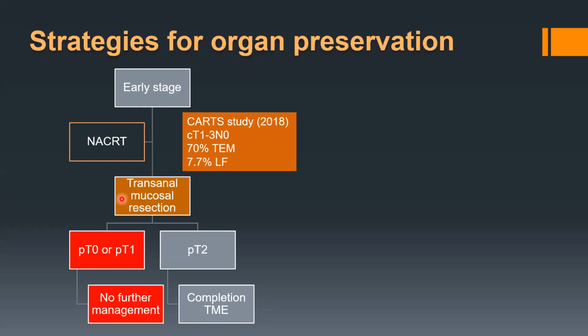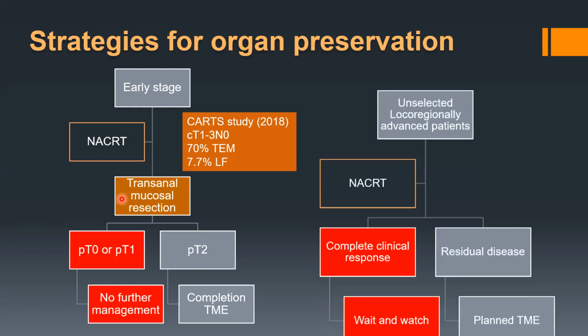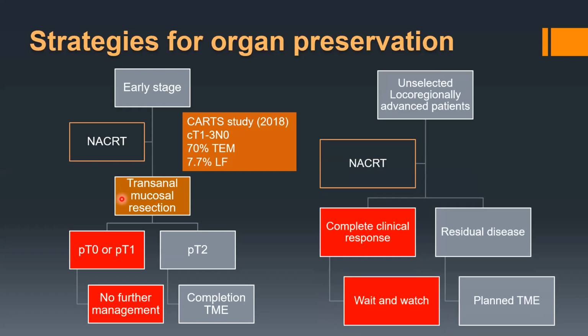Mucosal resection could achieve some results in this setting. The other way this has been examined is in unselected loco-regionally advanced patients, where the goal is to give neoadjuvant chemoradiation, look at the complete clinical response rate, and then in these patients, prospectively wait and watch according to an intensive schedule. And if there is residual disease, do a planned TME.